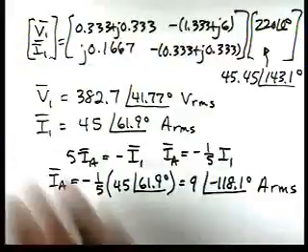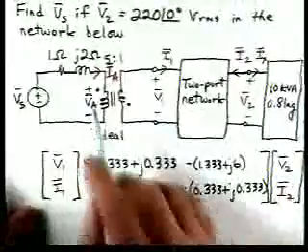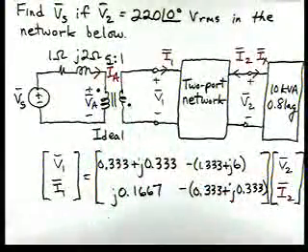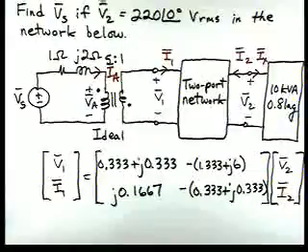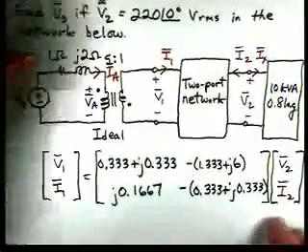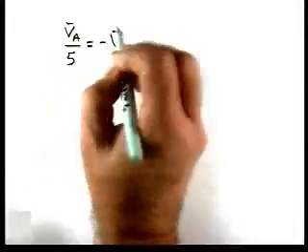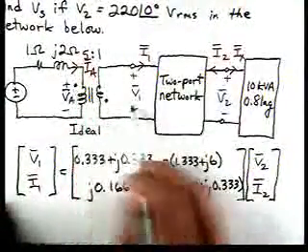Also, if we look back at our circuit, our two voltages are not both referenced at the dots. If we go back to our transformer chapter, then what we have is VA over 5 is equal to minus V1. That's because one voltage is referenced positive at the dot and the other one is referenced positive at the undotted terminal.